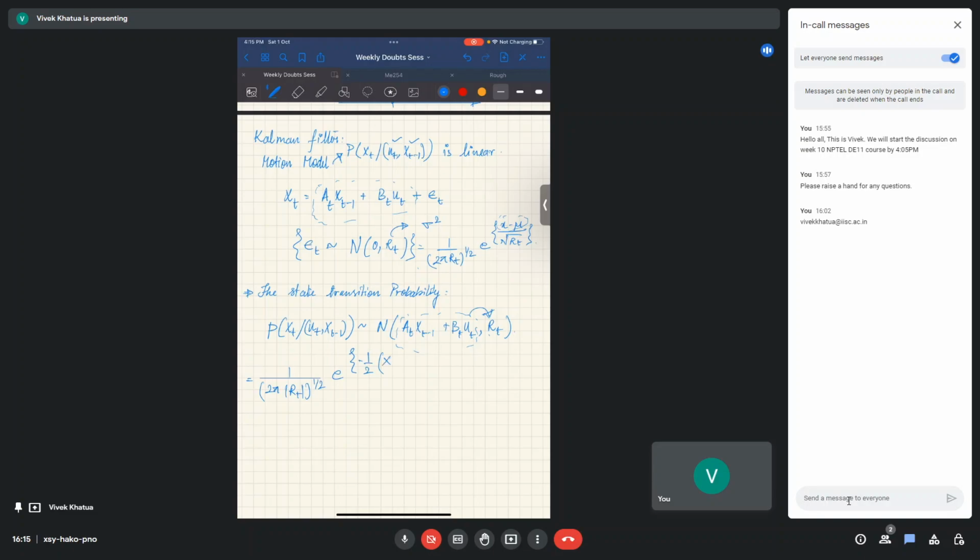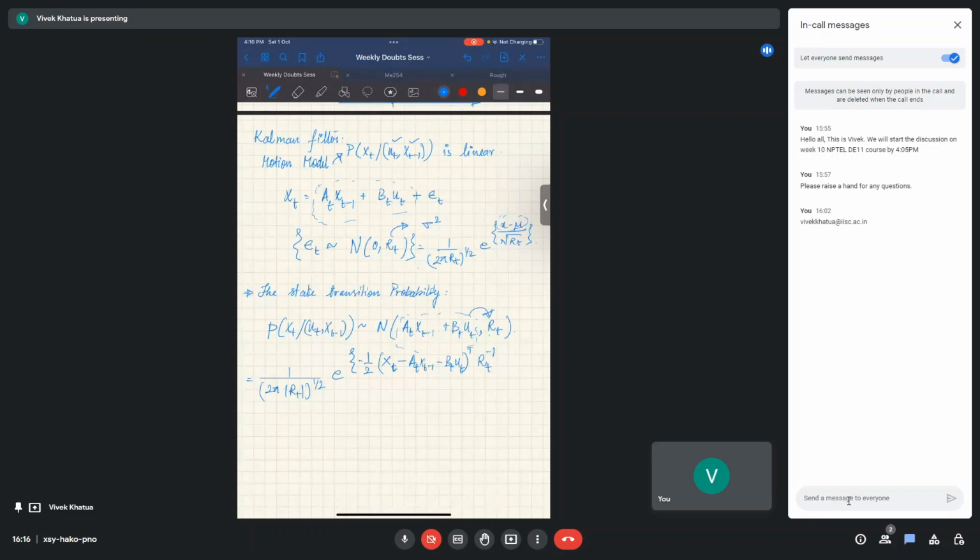Putting an error equation, let's take that xt is a measurement, a known quantity that we know, and At xt minus 1 plus Bt ut is what we predicted the state to be. This would be transposed, and this would be RT inverse.